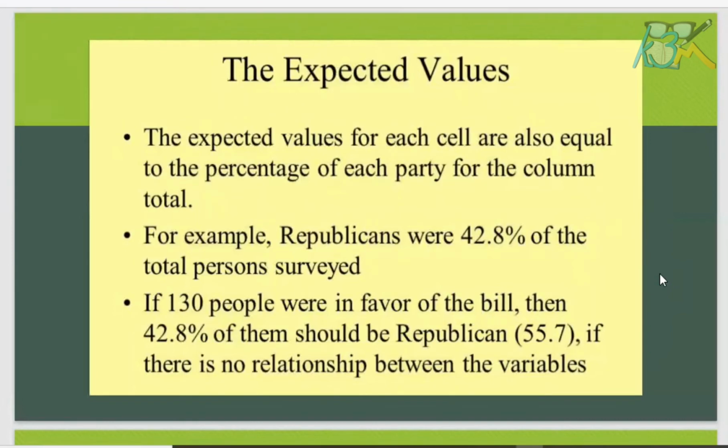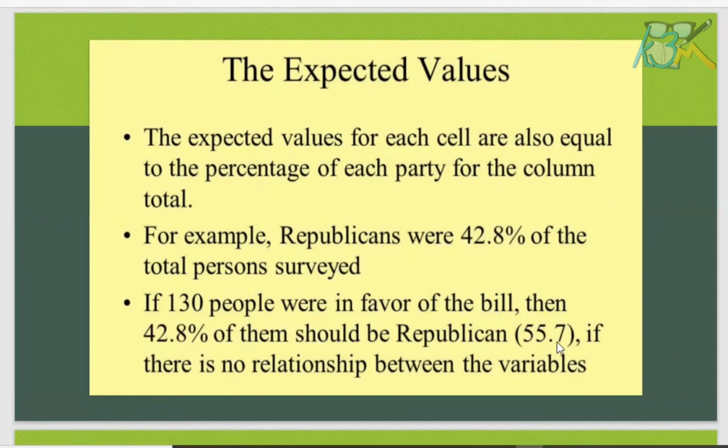So for the expected values, the expected values for each cell are also equal to the percentage of each party for the column total. For example, the Republicans were 42% of the total persons surveyed. So 42% yung dami nila. So if 130 people were in favor of the bill, then 42.8% of them should be Republicans.